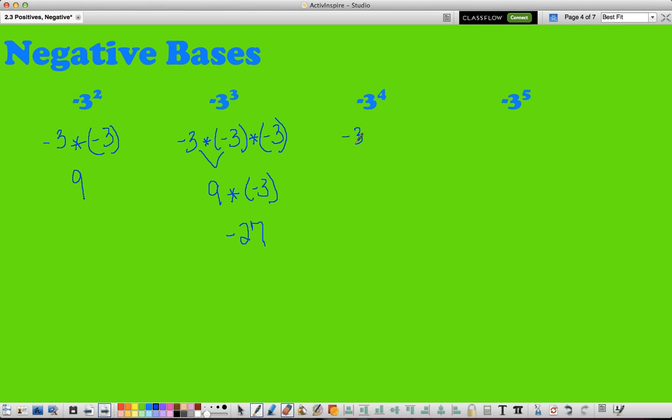So now I have a negative 3 times a negative 3 times a negative 3 times a negative 3. And we said a negative times a negative gives me a positive. And we know the positive and the negative gives me a negative. But now these two negatives give me a positive.